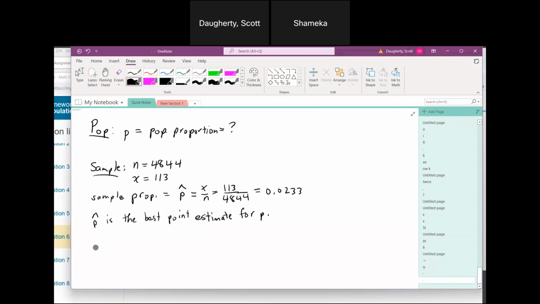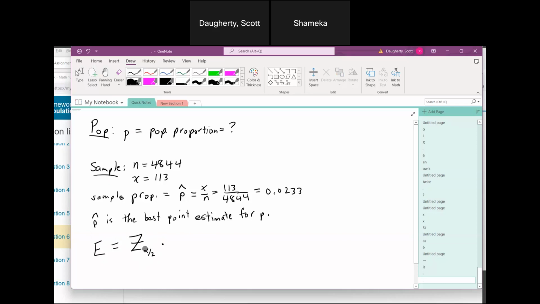So we're going to find the margin of error first, which we're going to use a capital E for. And there's a formula for the margin of error depending on what situation you're in. So for the population proportion, the margin of error formula looks like this. It's Z sub alpha over 2, which is a Z-score, with a subscript, which I'll talk about in a second.